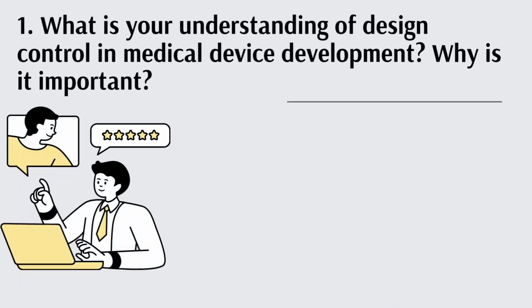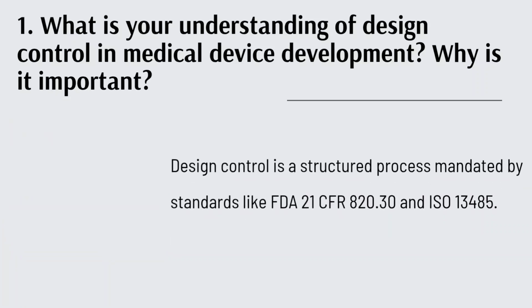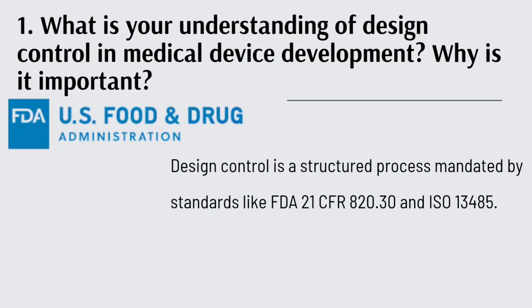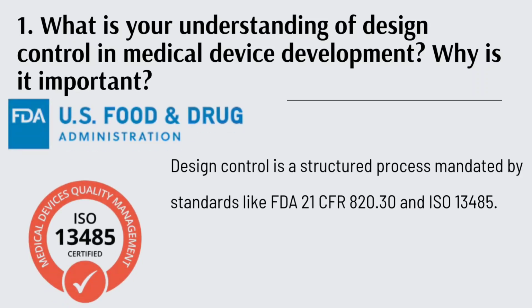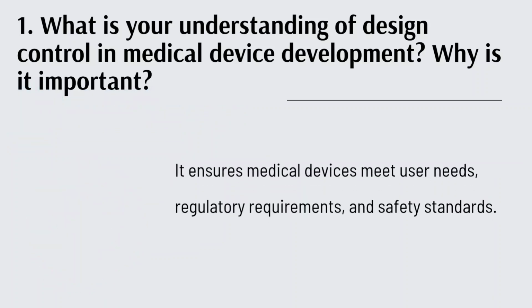1. What is your understanding of design control in medical device development? Why is it important? Ideal answer: Design control refers to a structured process mandated by standards like FDA 21 CFR 820 and ISO 13485 to ensure medical devices meet user needs, regulatory requirements, and safety standards.